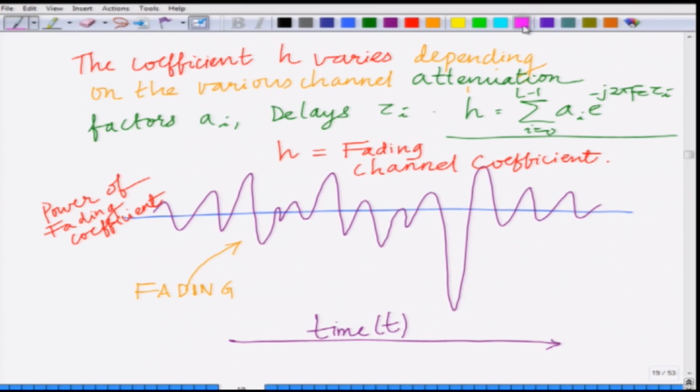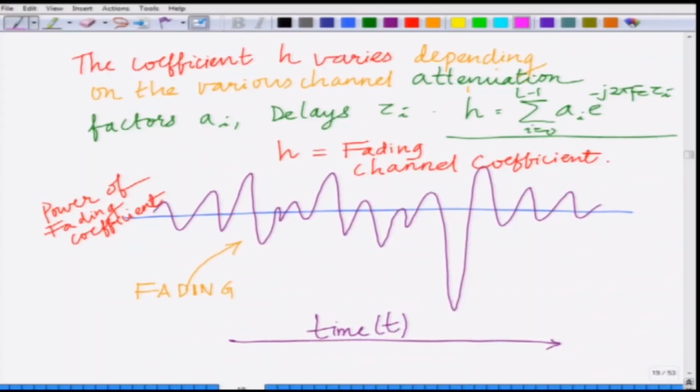And of course, as you can see here, sometimes when the paths perfectly cancel each other, the received signal amplitude can go all the way to 0, or to a very low amplitude, as represented by this trough here in the power of the fading coefficient.